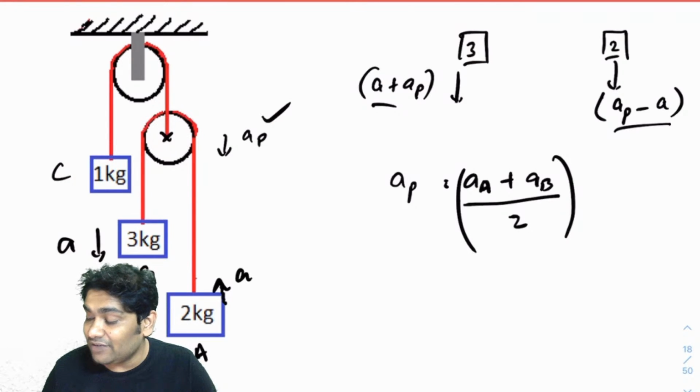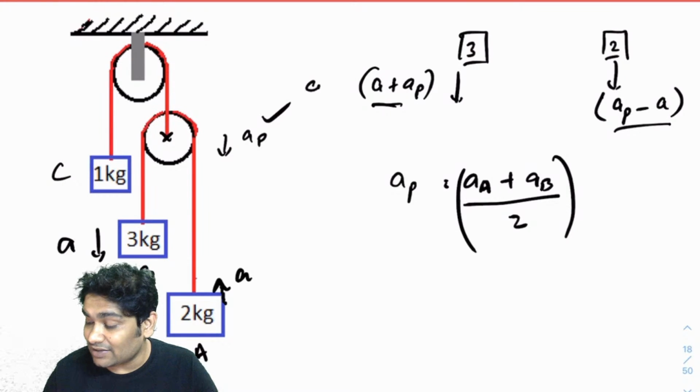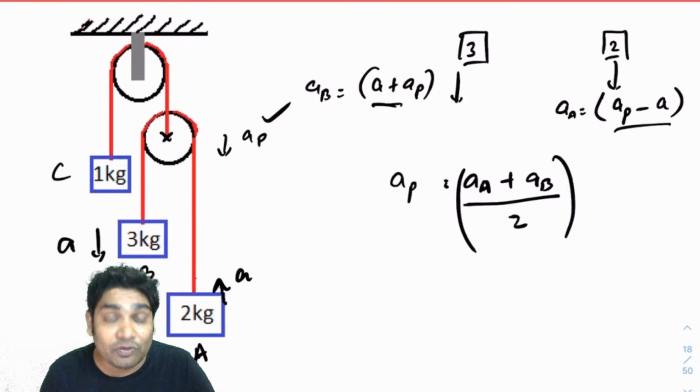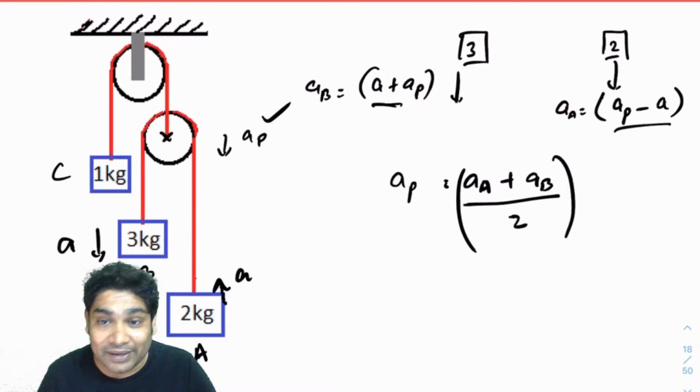From these values, you will realize that this is the acceleration of B, this is the acceleration of A. So in the ground frame, the pulley acceleration is always the average of these two accelerations. Remember this. So that is why your answer cannot be correct.